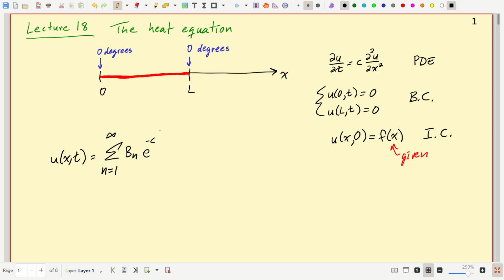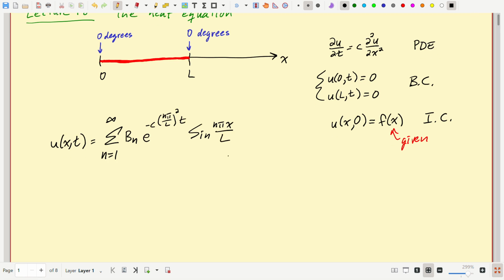Here's a very interesting thing: that's a huge negative number because of the n squared, and e to the minus something big is something really small. So that's going to help the convergence of this series dramatically. Times sine of n pi x over L. That's the solution I got. I guess I'll put that in the box.